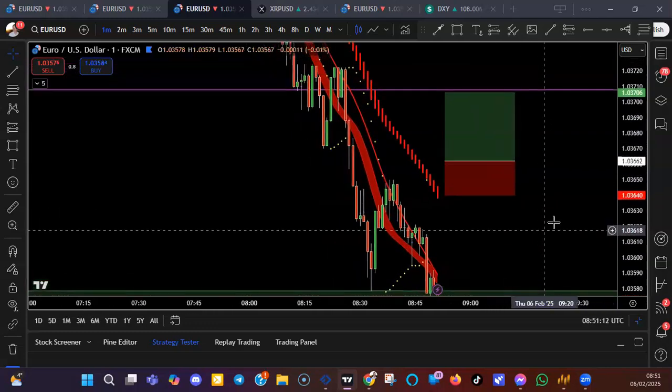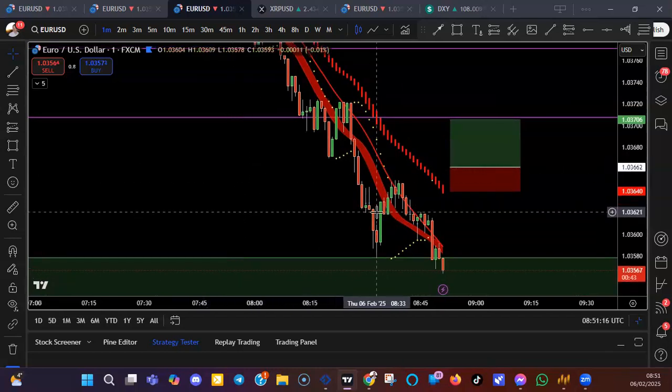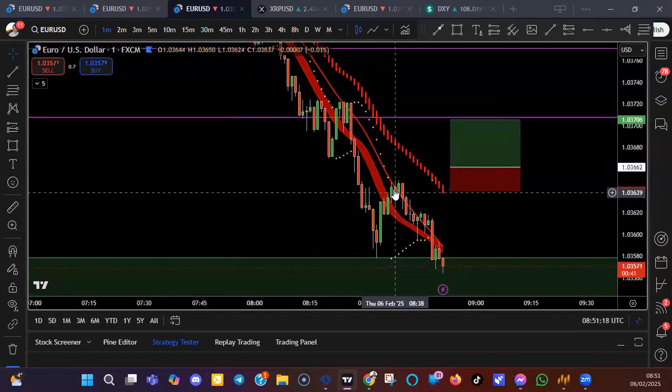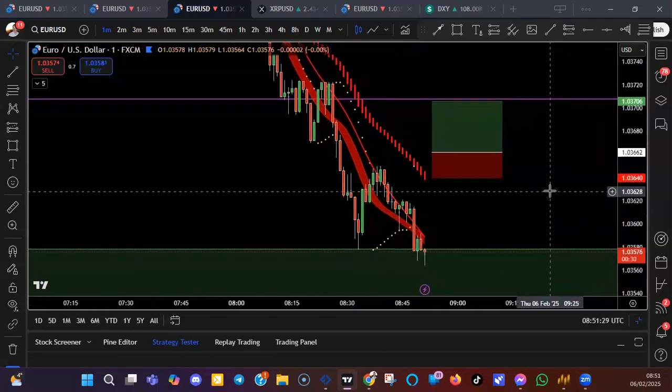Old words like, for example, this candle here, a doji candle. Well, we don't need to call it a doji candle. It's an indecision candle. But they're harping back to the old days and giving names to different things, which just muddies the water a bit, really, as far as I'm concerned.